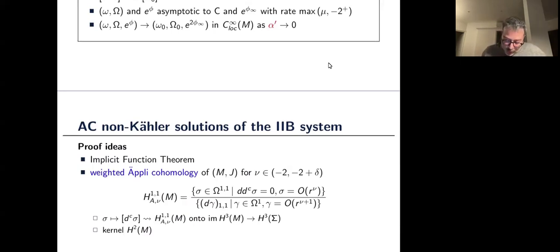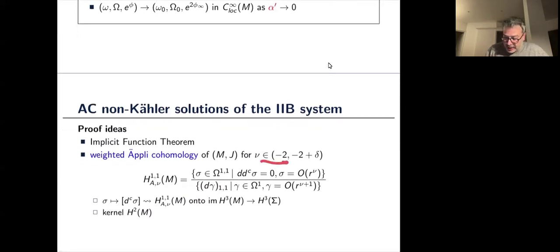So closed and co-closed forms. But if you cross this threshold -2, then there are actually classes that are represented by non-closed forms.